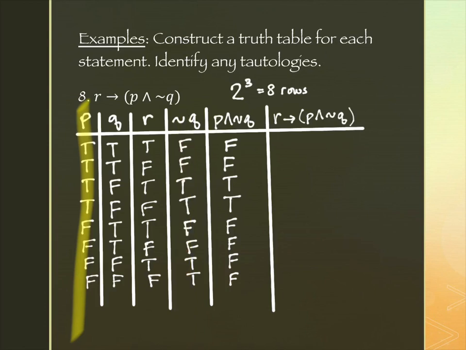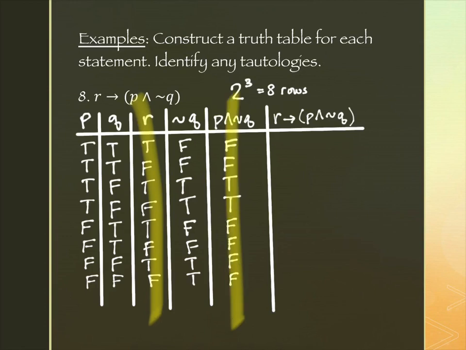All right, our last column, sorry, let's delete that, is to take R and P and tilde Q, and we're doing an if-then statement. Okay, if-then statements are new ones. Remember, if-then statements are true when they say true, true, and they're also true when they start out false.